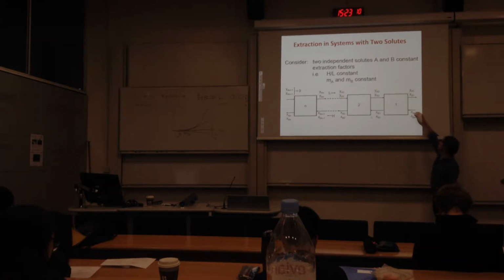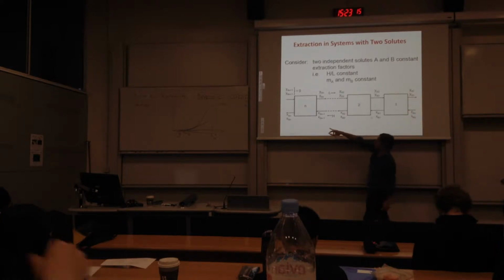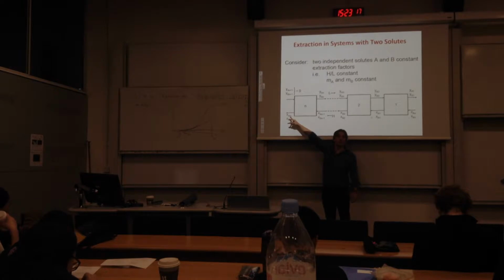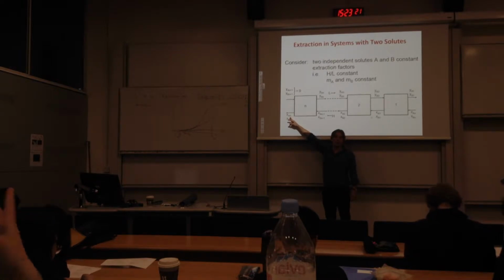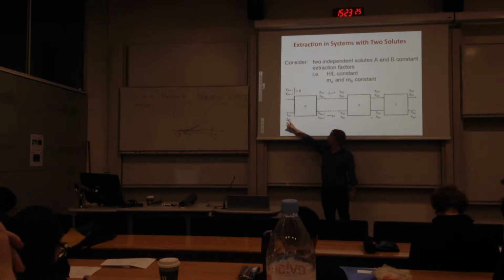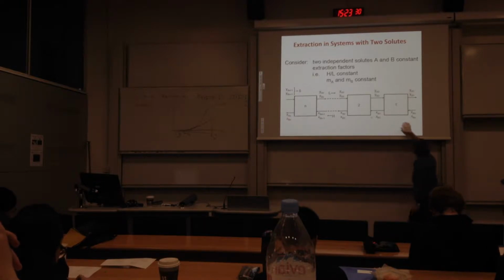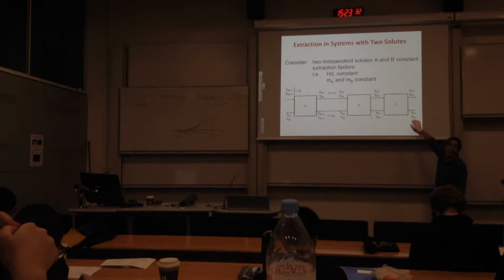We want A to move to the kerosene phase. Then we would like to have almost no A here. To have 0 A here is likely to need infinite stages, but you want this number to be very small. And you want B not to change much, so to be as close to xF0 as possible.